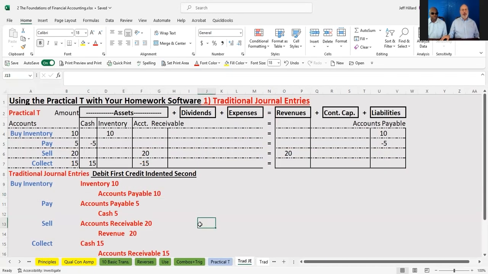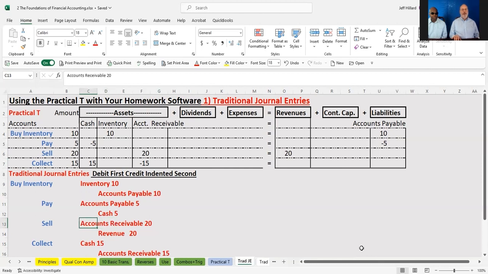Okay, the accounts payable is a debit because it's a liability going down, and cash going down because it's on this side. When this side goes down, an asset goes down, it is a credit.